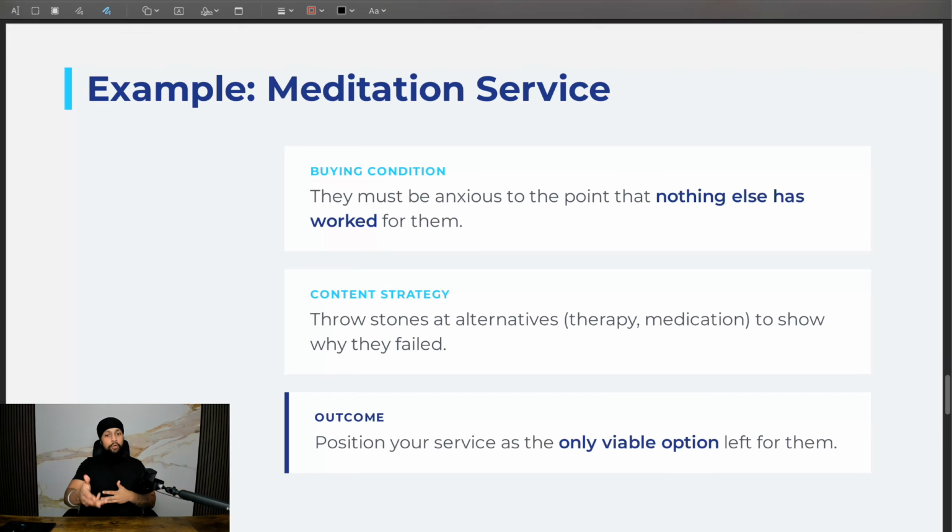So one of your content strategies should be facilitating the fact that nothing else has worked for them. So you're going to be throwing stones at alternatives like therapy and medications to show them why they failed when they tried those other things. And what this does is it positions your service as the only viable option left for them. Okay, very, very powerful stuff.